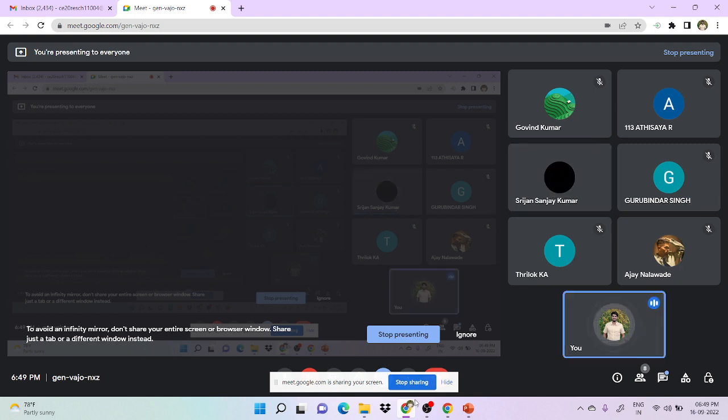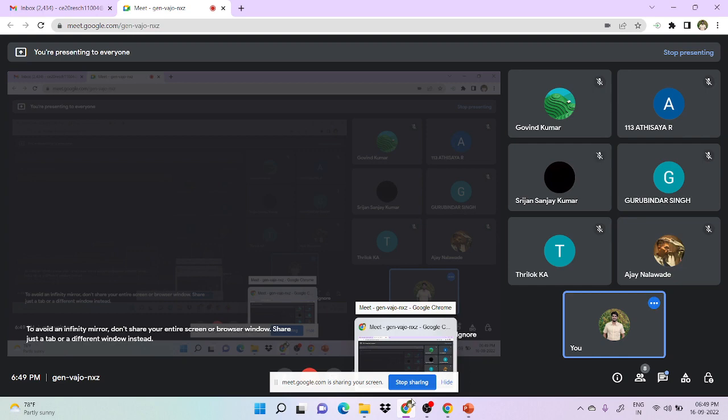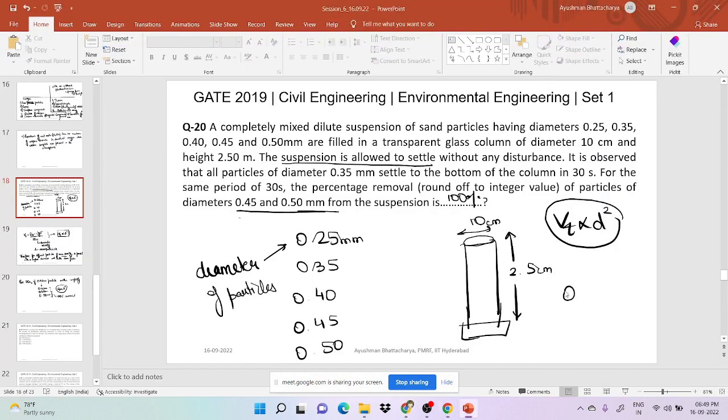Like what is meant by organic loading rate? You want to ask about the organic loading rate, right? OLR. Yes, sir. Organic loading rate and then hydraulic loading rate, surface loading rate. I want to know the difference between all of them.